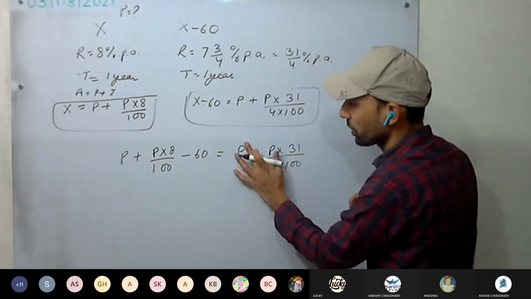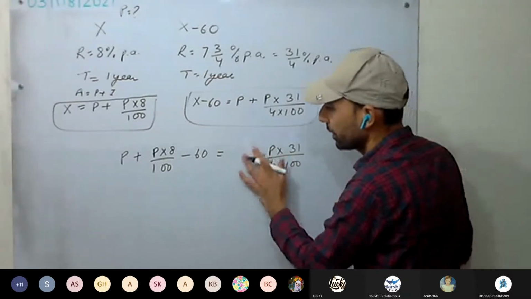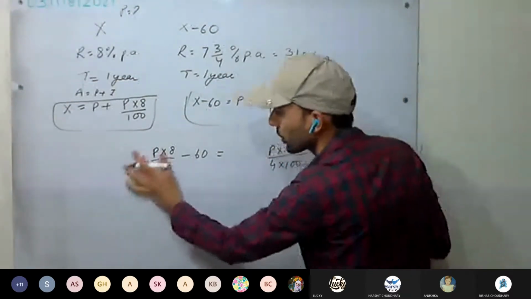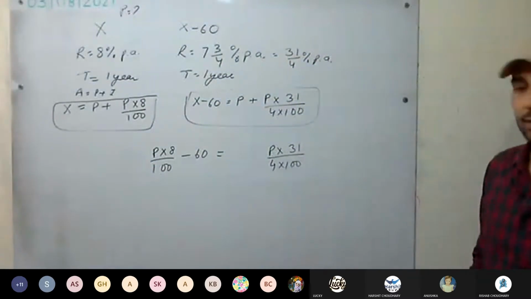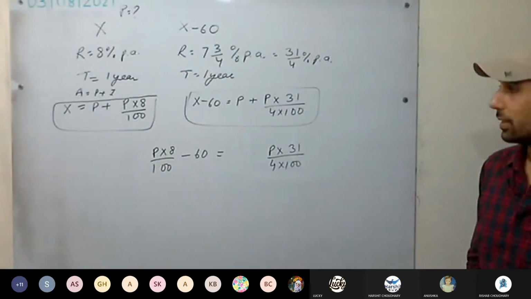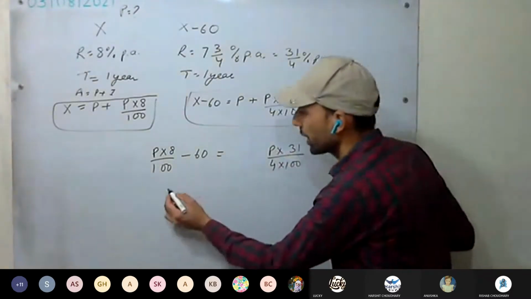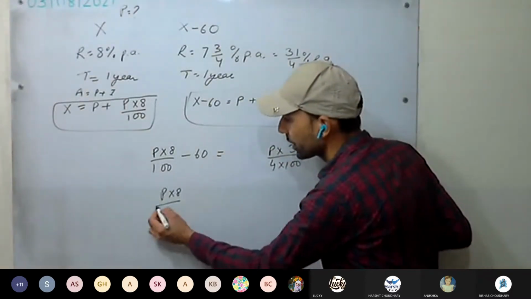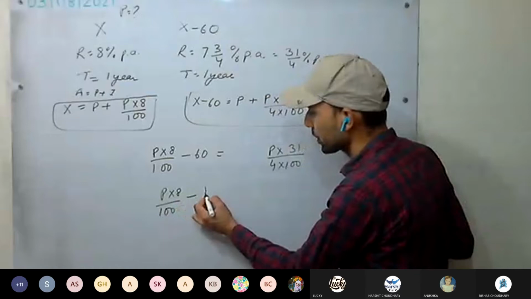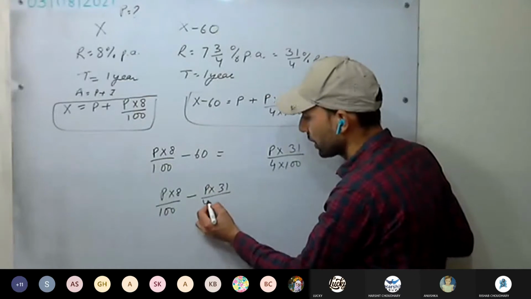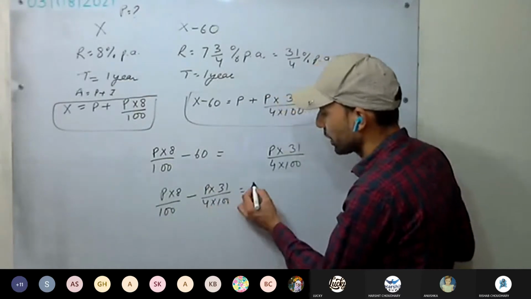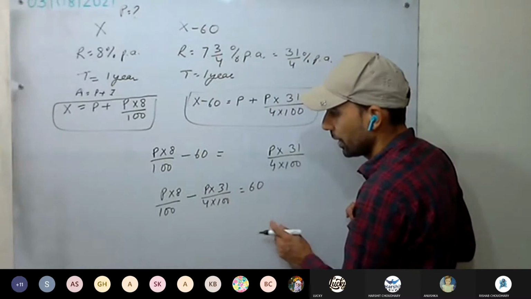So what is gone? P is gone from both sides. P into 8 divided by 100 minus P into 31 divided by 4 into 100 equal to 60.